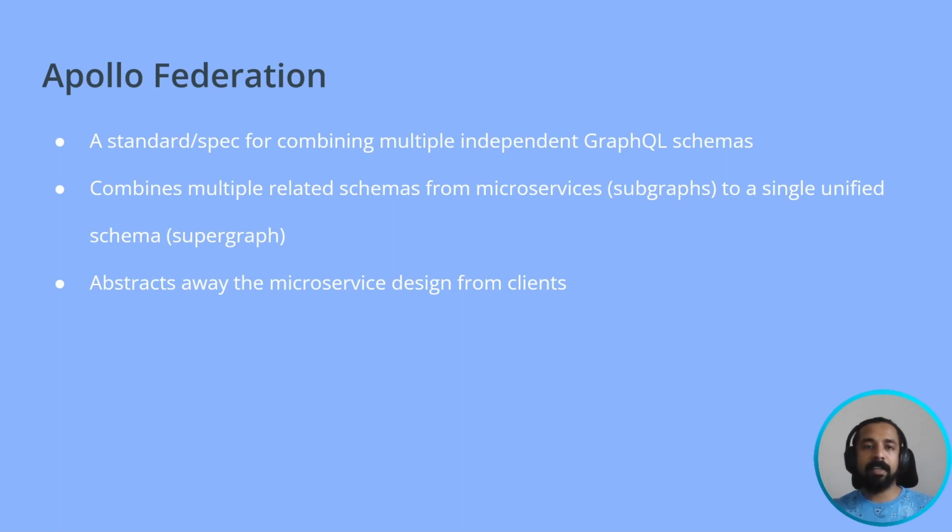It combines multiple related schemas from microservices, which Federation calls subgraphs, into a single unified schema called a supergraph. It abstracts away the microservice design from the clients by combining API definitions from multiple services and exposing them as a single endpoint to the clients.